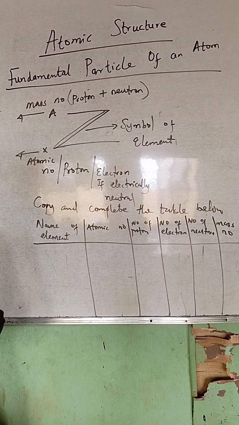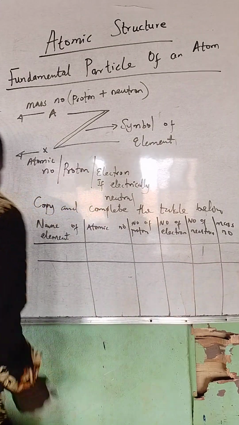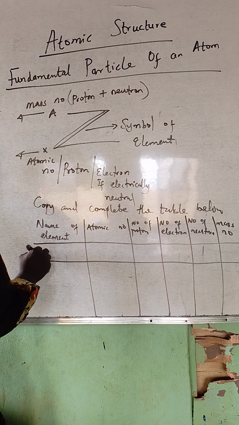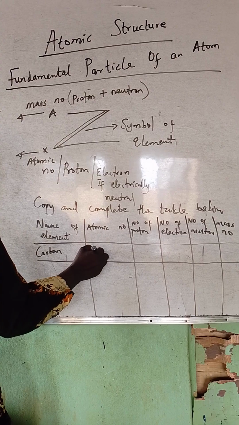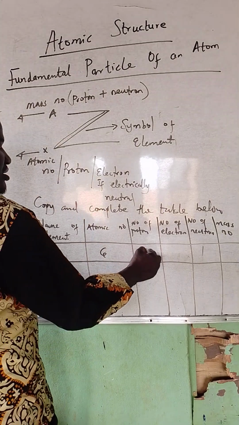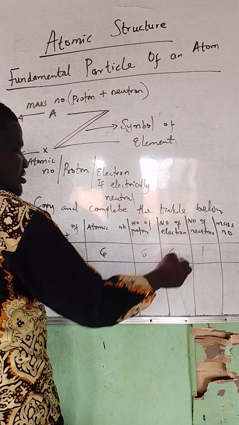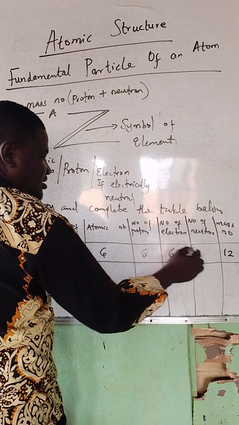Let's say carbon. The atomic number is 6. The proton number is also 6. Then the mass number is 12, so neutrons are 12 minus 6.